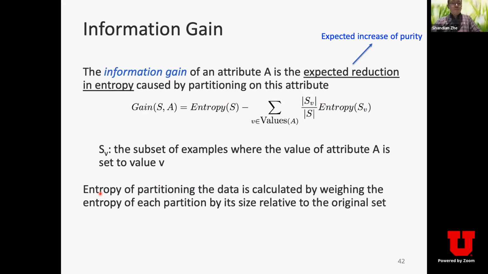The entropy of partitioning the data is calculated by weighting the entropy of each partition by its size relative to the original set. Then we get our information gain. We rank the attributes in terms of information gain, and the attribute that gives the largest information gain is viewed as the one that best improves label purity after splitting the data set. Then we use that attribute to split the data set, and we call ID3 again.